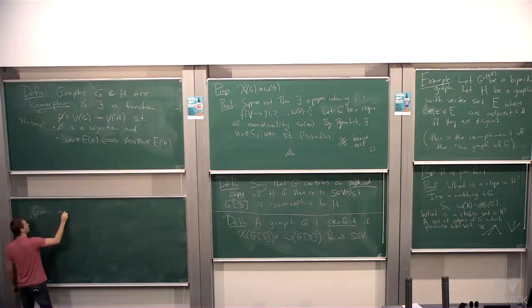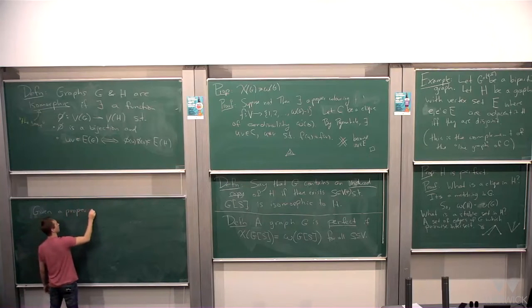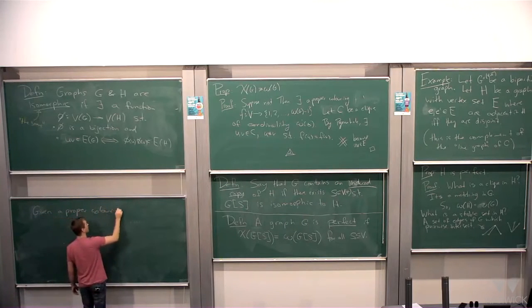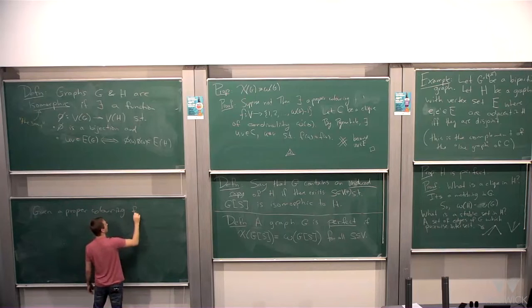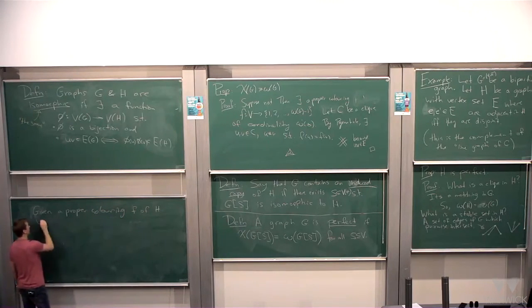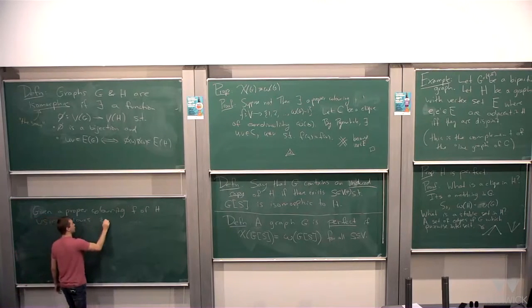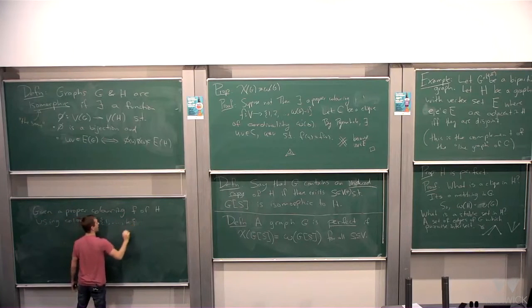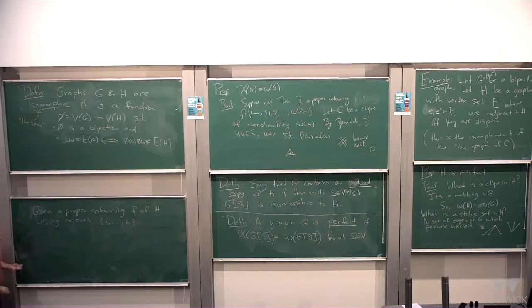Given a proper coloring f of H using colors, let's say 1 up to K, each set of vertices that all get the same color forms a stable set, which gives you a set of edges in G that all share some vertex.